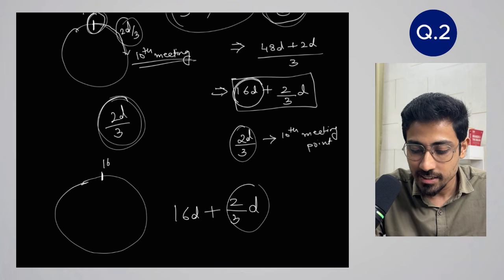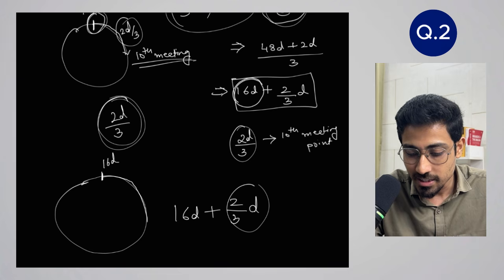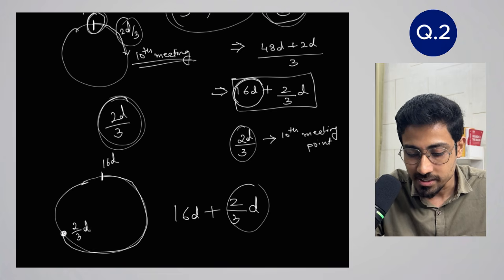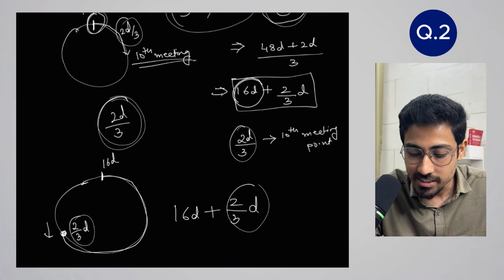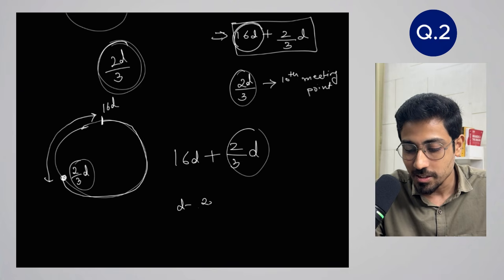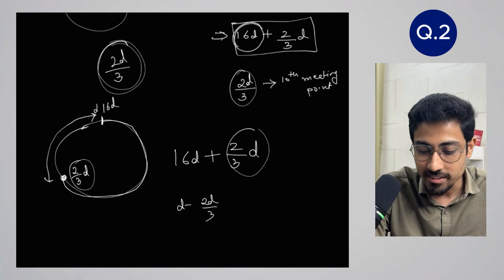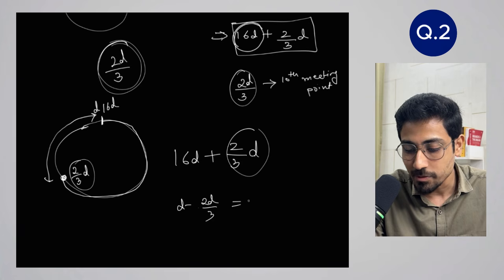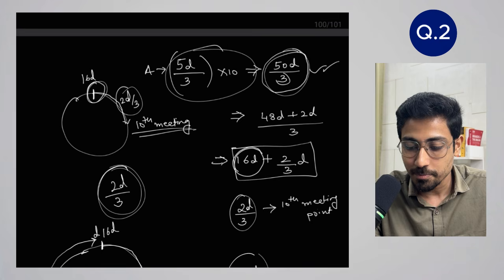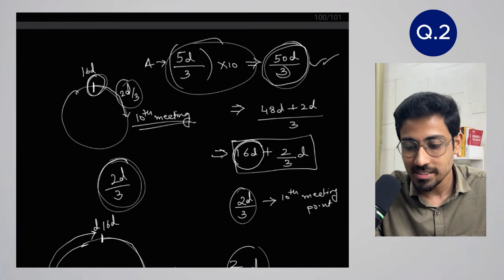So if this is still 16d that I've covered here, 2/3 d is actually somewhere over here. 2 by 3 parts of the total distance is somewhere over here. So actually the distance would be d minus 2d by 3. So this is basically d minus 2d by 3, which will be d by 3 distance. Okay, so they might be at this particular distance from the center.